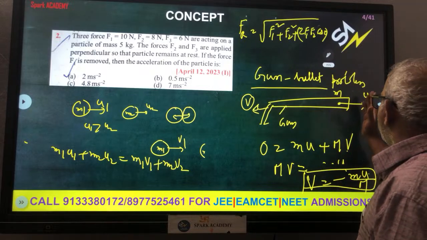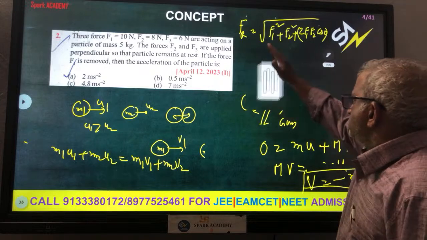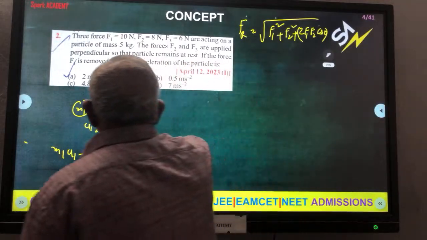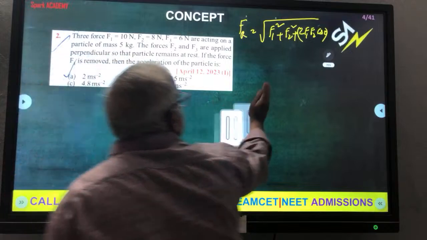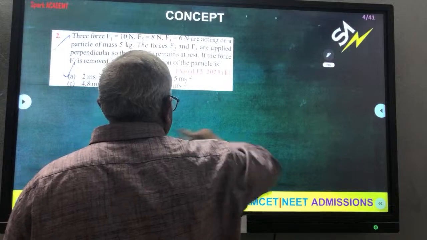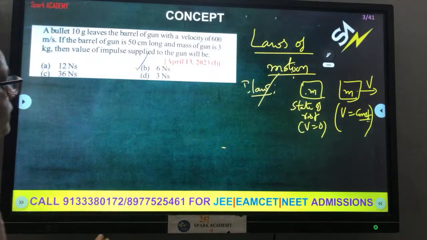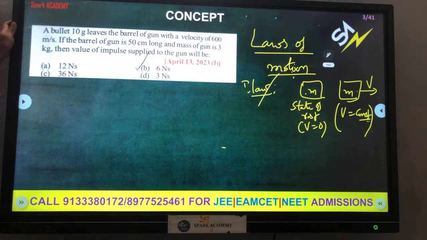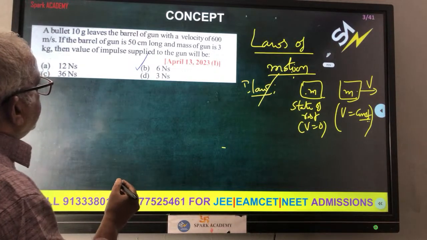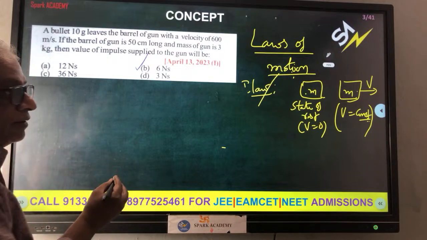We are going to read problems. First problem, students: a bullet of 10 grams leaves the barrel of the gun with a velocity of 600 meters per second.